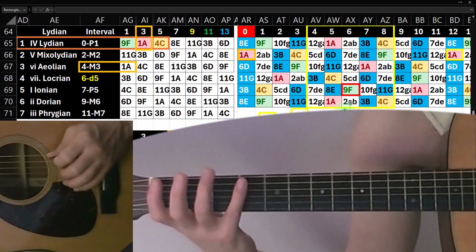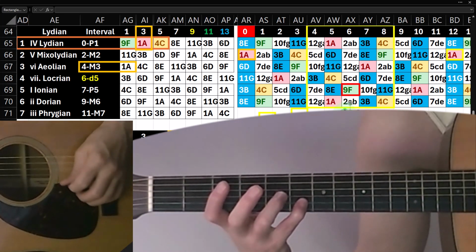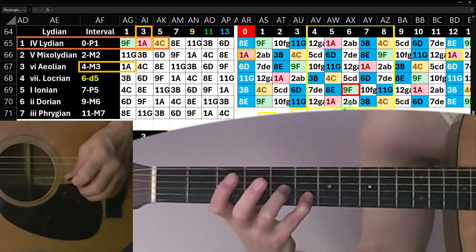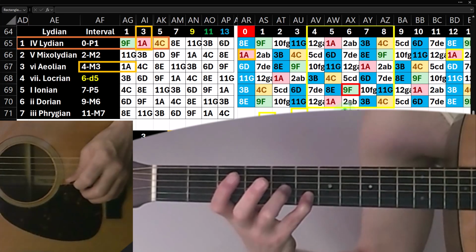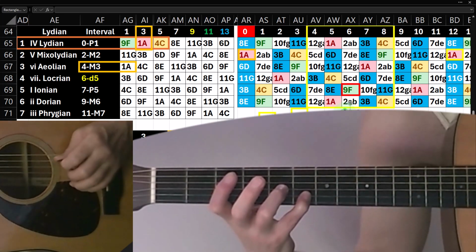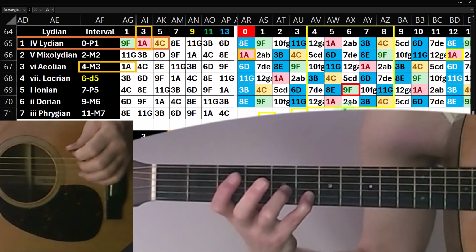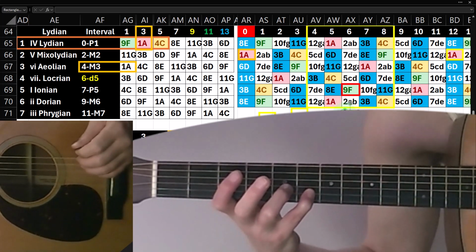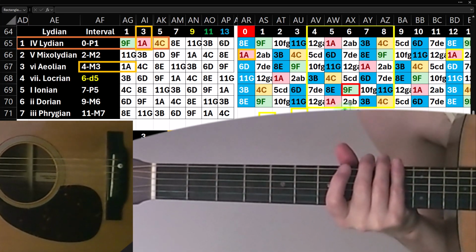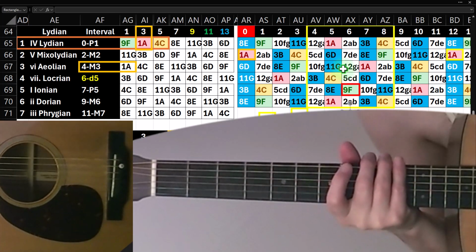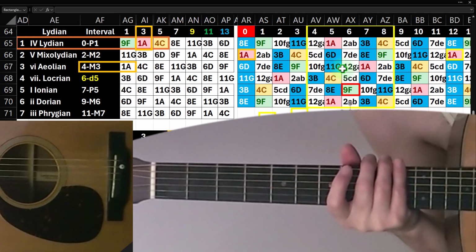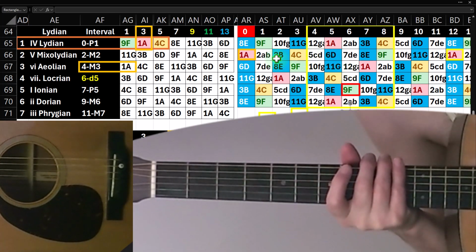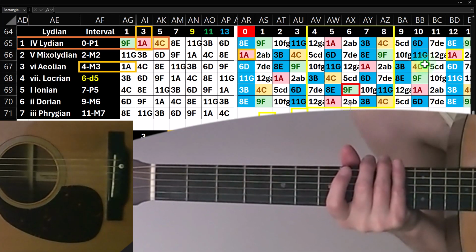So from this open to here would be an 8-note away minor 6. So from bottom to top would be therefore a 4-note away major third. Okay, so that means that if I go up 3 strings and cross the fault line, the 4-note away major third will be 1, 2, 3, 4, 5, 6 frets back, which means it's also going to be 6 frets forward.